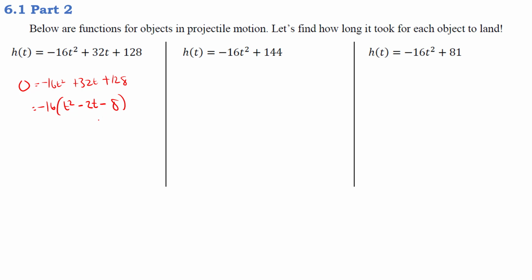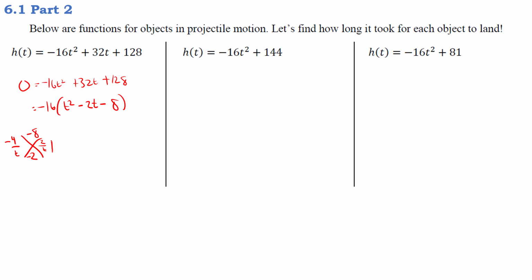Okay, so now we can do our big X. 1 times negative 8 is negative 8. Our B value is negative 2. So we need two numbers that multiply together to give you negative 8, but add up to negative 2. So I'm going to say 4 times 2 will give me an 8. And to add up to negative 2, I'm going to say negative 4 plus 2 will give me a negative 2.